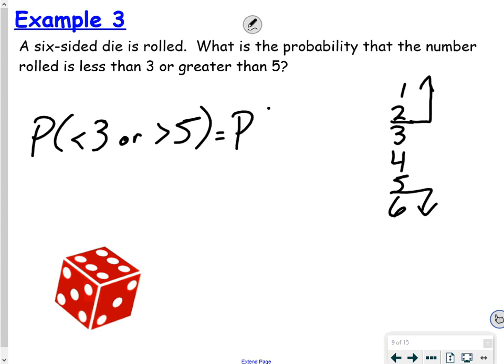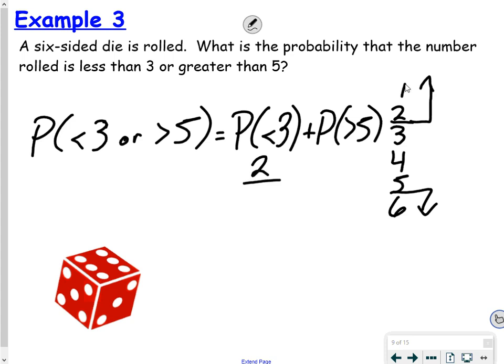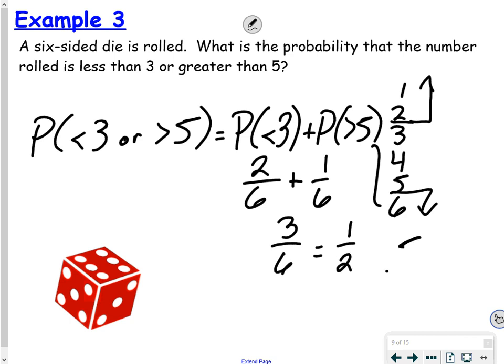So this is just going to be the probability that it's less than 3 plus the probability that it's greater than 5. The probability that it's less than 3 is 2 out of the 6 outcomes. The probability that it's greater than 5 is 1 out of 6. So that's 3/6, 1/2, 0.5, or 50%. All right, we've got 3 left.